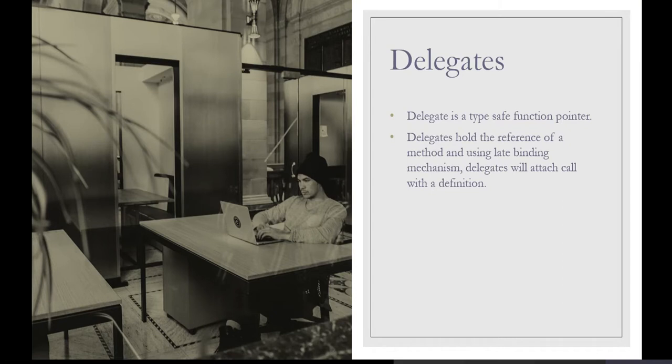Delegate will point to the method. So let's say I wrote a method in a class and I want to represent that method with the help of a delegate. So what I need to do is tell the delegate, please point to that method, please store the reference of that method, and accordingly, with the help of the delegate, I am able to use that method. This is the scenario.